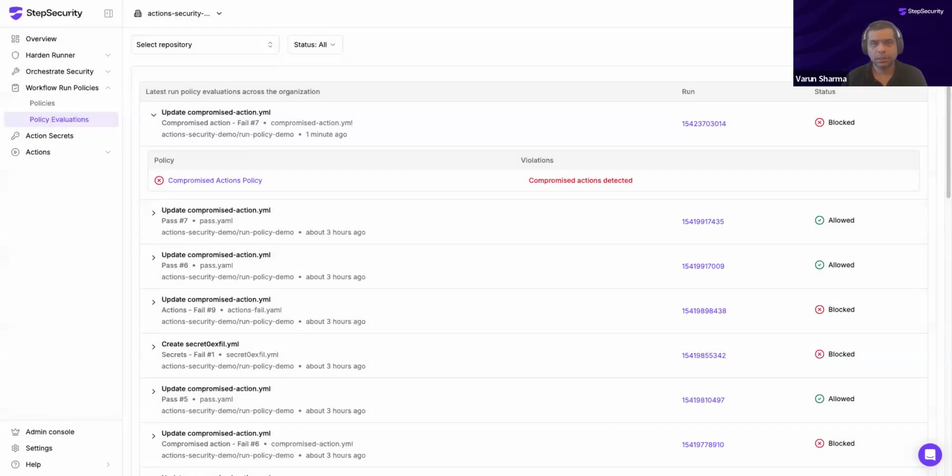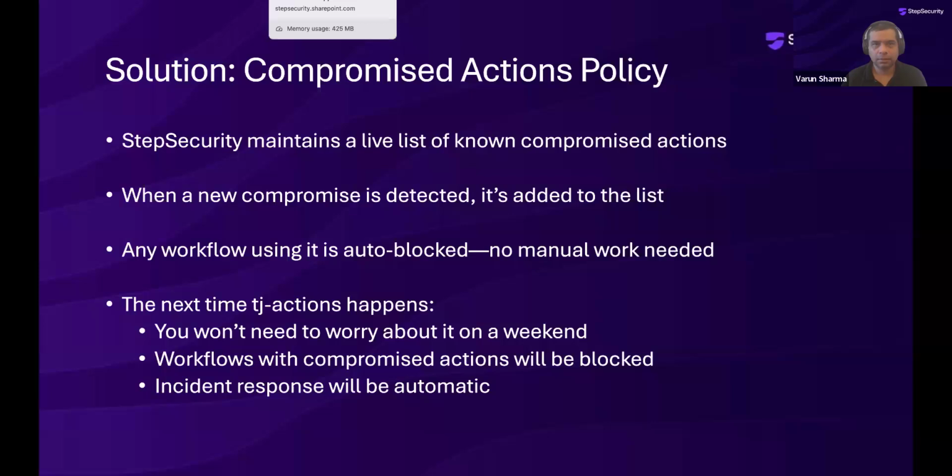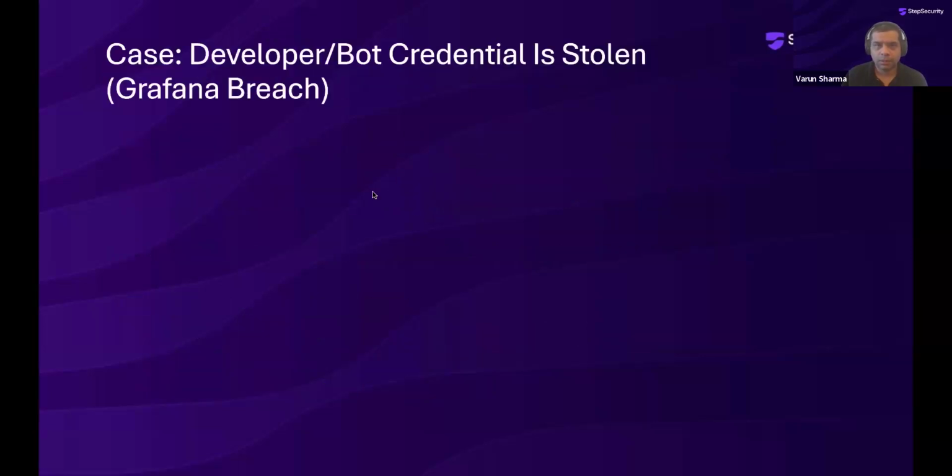So with this deployed, next time a third-party action gets compromised, the whole incident response becomes much more streamlined and automatic. So with that, we can move on to the next scenario and discuss a workflow run policy related to this.